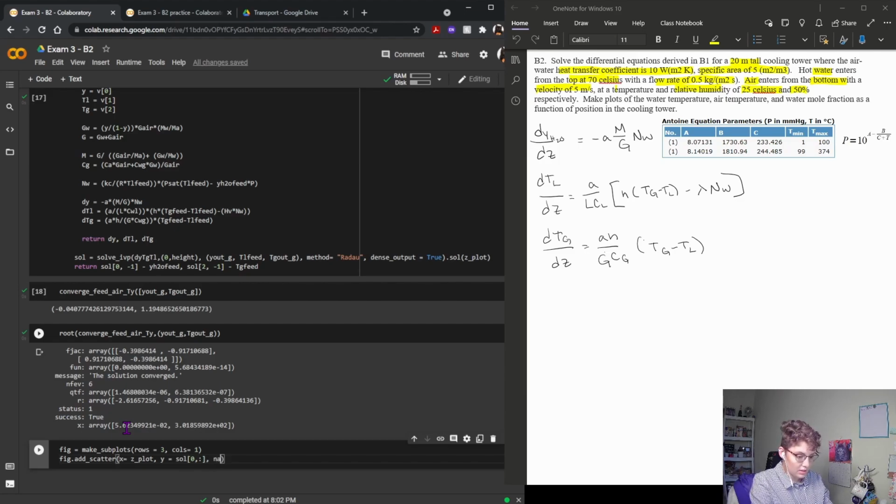And then we want to name that plot mole fraction of H2O, so that it is a string and not a number. And then we want this in row 1 and column 1.